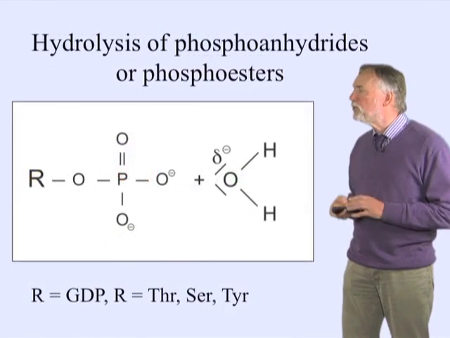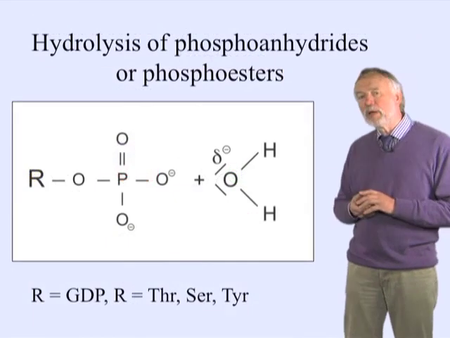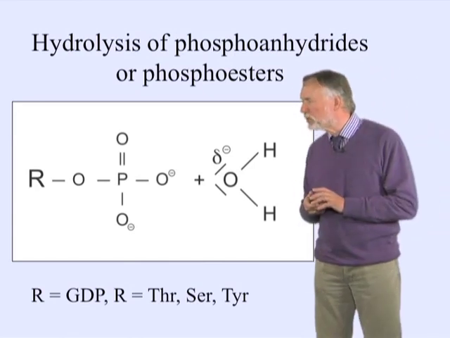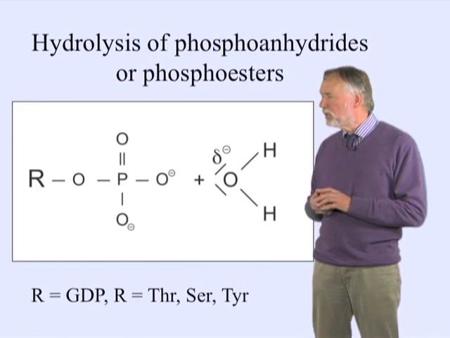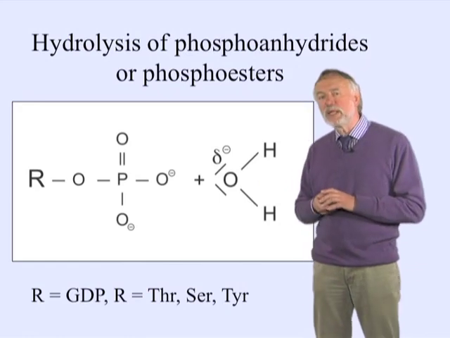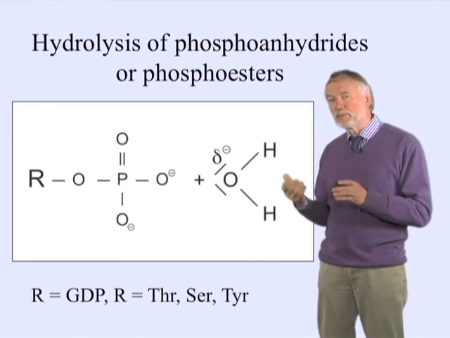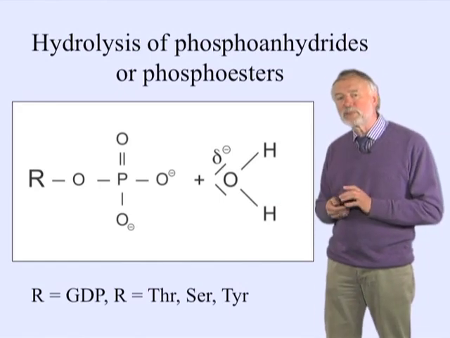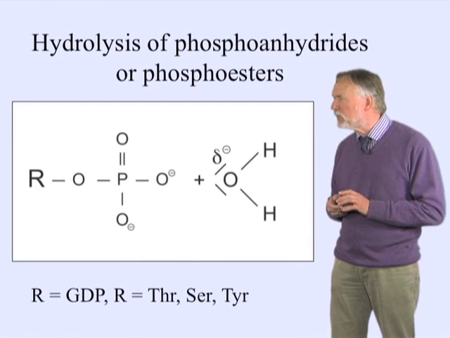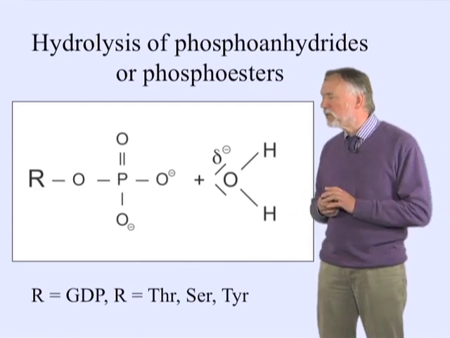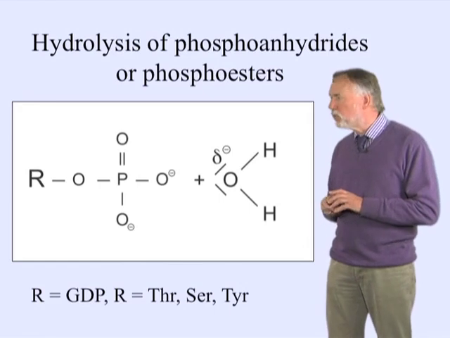So what we're talking about is a really basic biochemical reaction, namely the hydrolysis of phosphoanhydrides, and it's similar to the hydrolysis of phosphoesters. For example, when you have proteins phosphorylated on threonine, serine, or tyrosine, you have a similar nucleophilic attack on the phosphate by water.